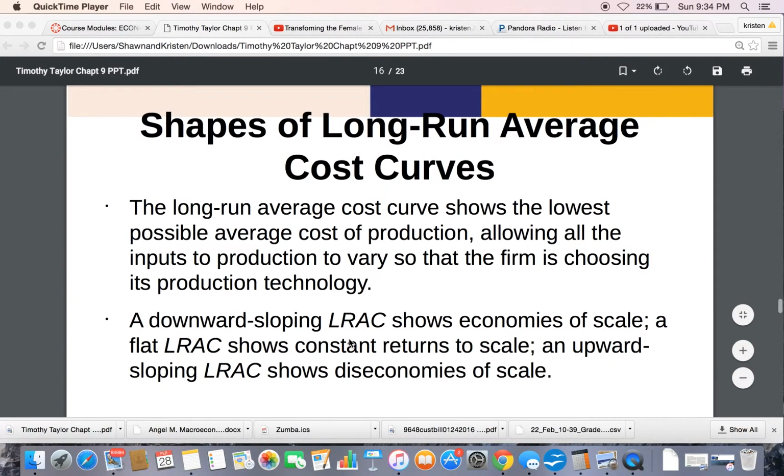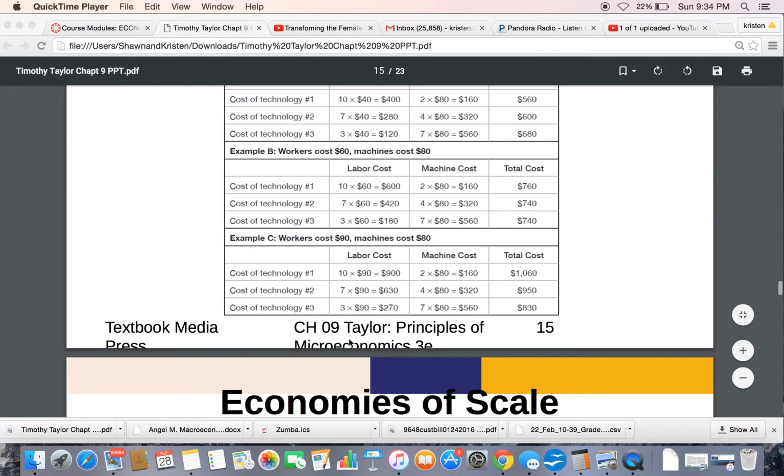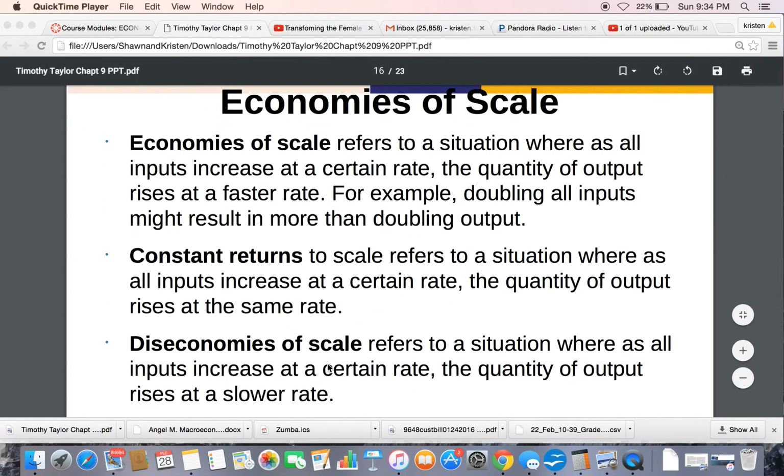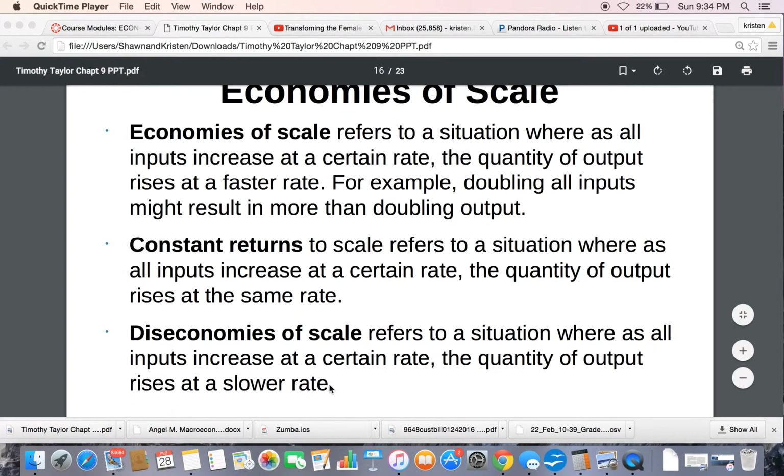And I would attribute most of these to bureaucratic inefficiencies. So diseconomies of scale mean that all inputs increase at a certain rate, the quantity of output rises at a slower rate, due to those higher long-run average costs that sometimes occur due to the bureaucratic nature of larger firms.